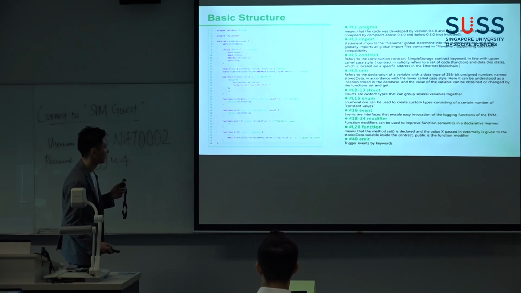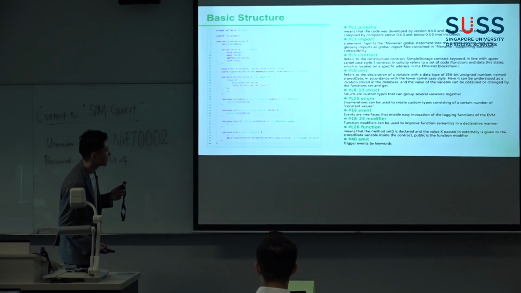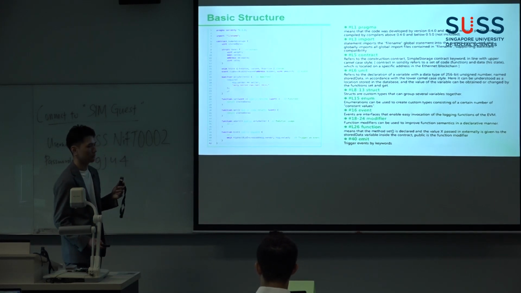And on line 40, our previously defined event is emitted. So we can view in a blockchain explorer such as Etherscan that this event is emitted with the parameter.